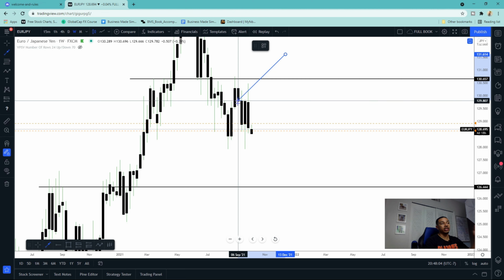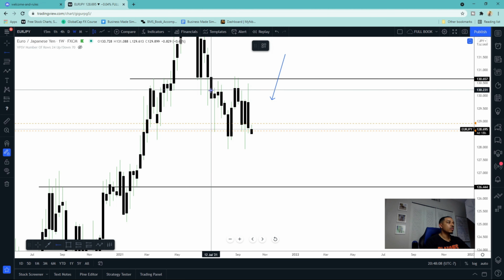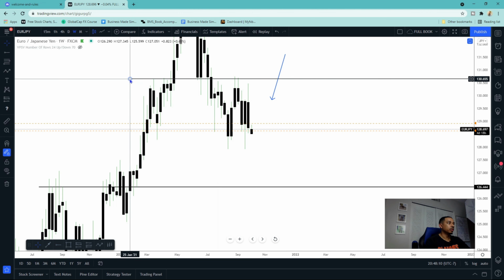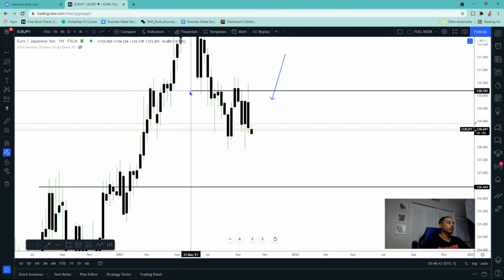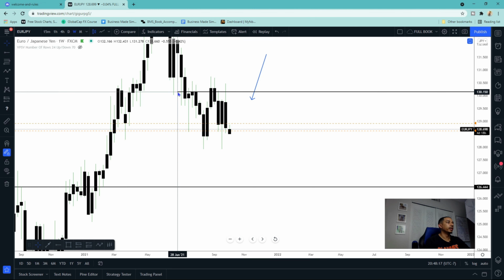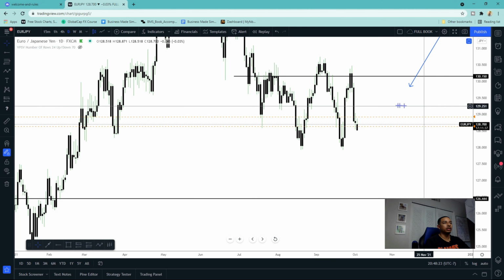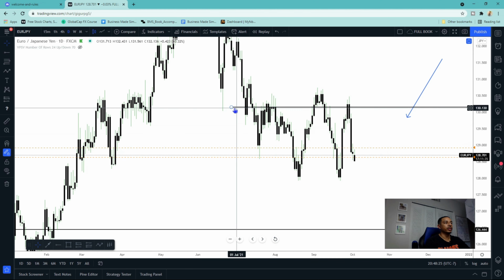So it's essentially rejected. What I would look for is to get a little bit more precise with my line here and put it at the body, and then I will go down to the daily. It's all about zooming in a little bit further each time and getting a little bit more specific with your levels.